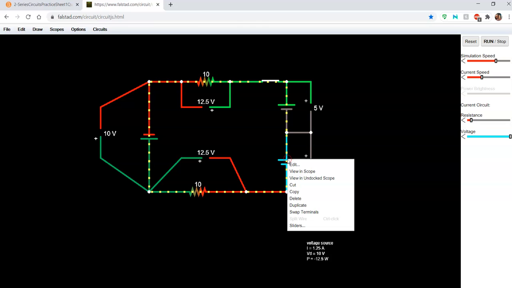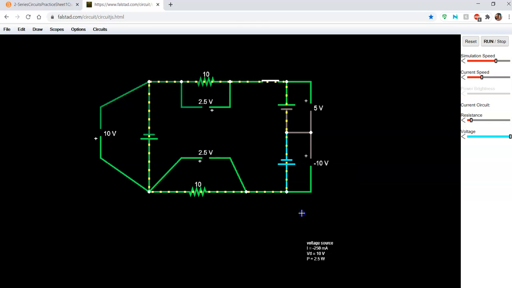If I were going to swap the terminals on this one, and let's say that I have just 1 volt, just for comparison purposes, because now I have 1 volt here, which is in subtractive polarity with this power source.